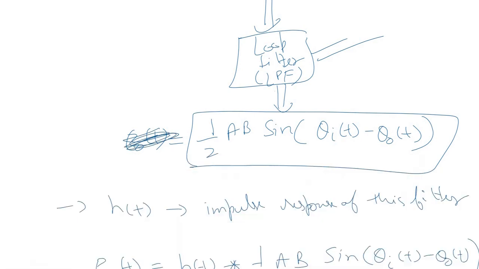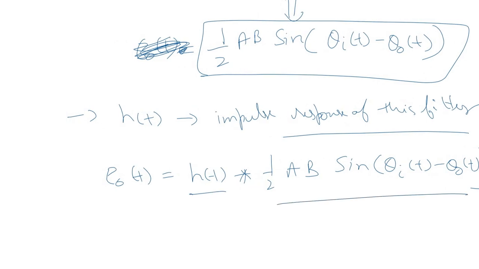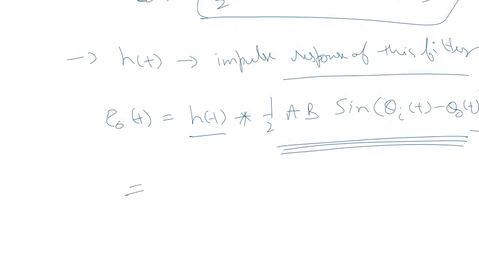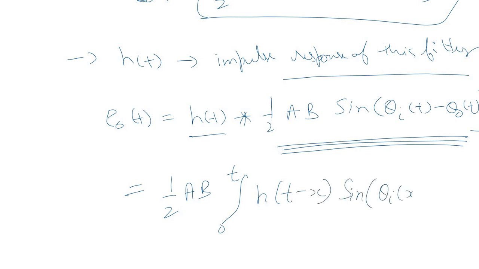This is not E naught t, rather E naught t will be the output of the loop filter. So if the impulse response of the loop filter is ht, then E naught t will be ht convolved with the multiplier output. If we simplify this convolution operator, we get half AB integration 0 to t of h t minus x sine of theta I x minus theta naught x dx. We have just simplified the convolution operator, nothing else.